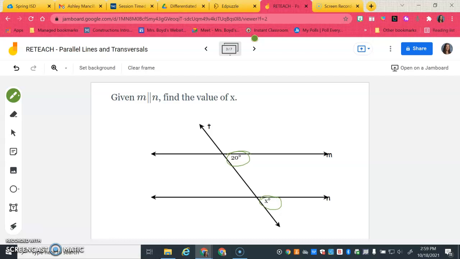And the only one that's not interior or exterior are corresponding angles. They're in the same location because they're in the bottom right of the first one and the bottom right of the second one. So that means they are congruent, and that means that my x is also going to equal 20 degrees.